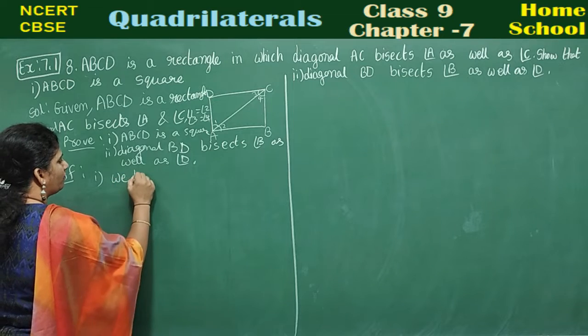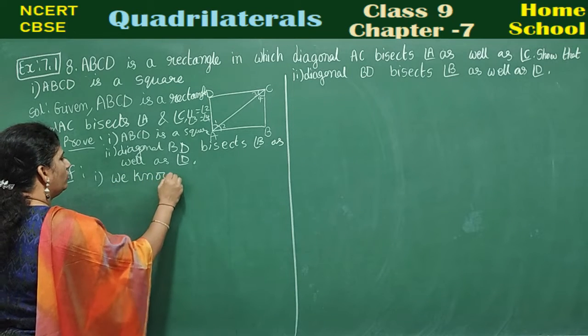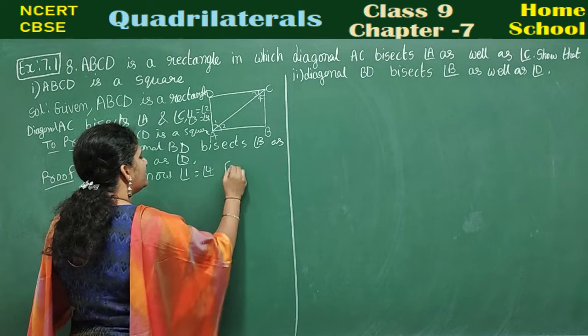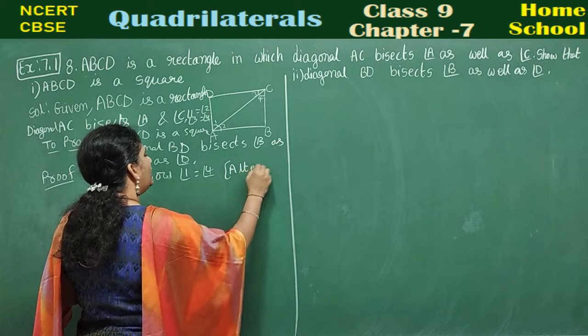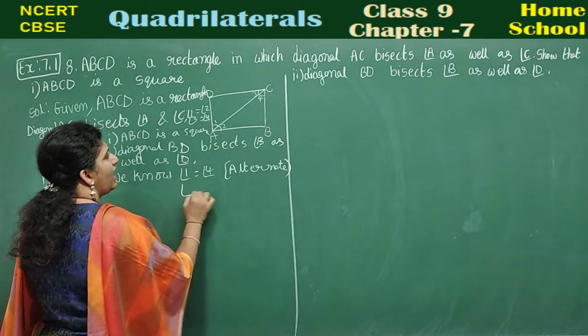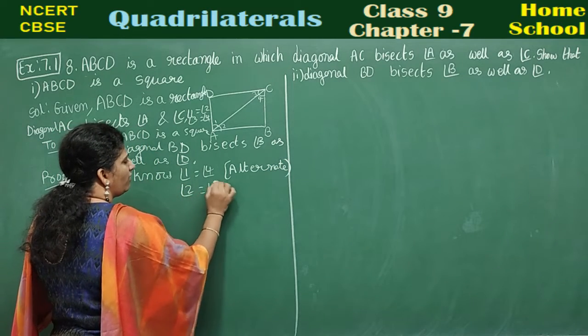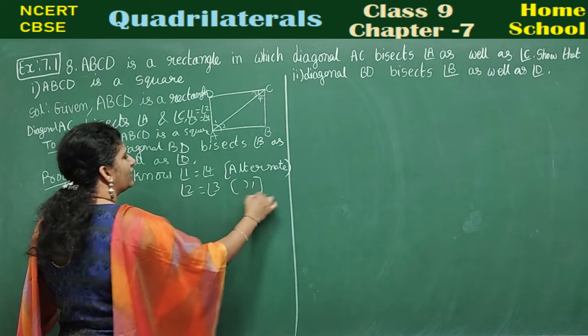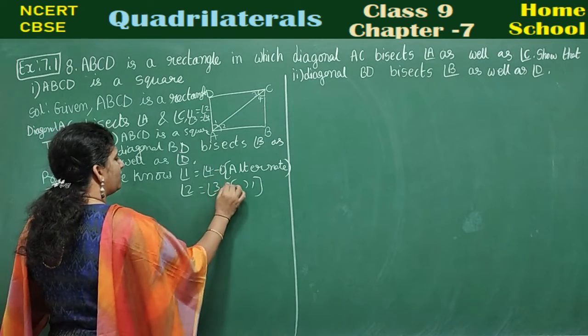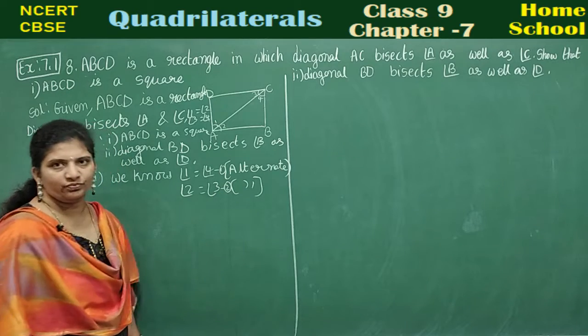We know angle 1 is equal to angle 4. Reason, alternate angles, and angle 2 is equal to angle 3. Same reason, alternate angles. Mark this equation 1 and mark this equation 2.